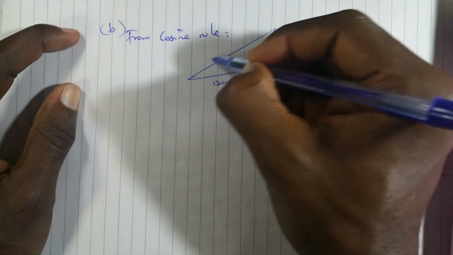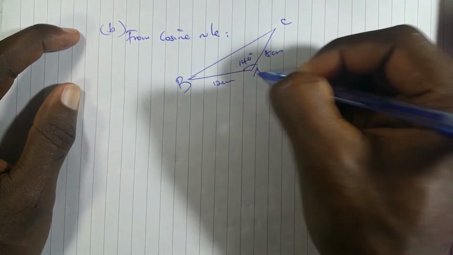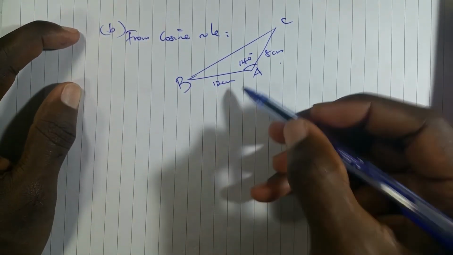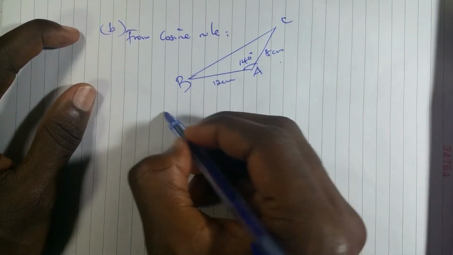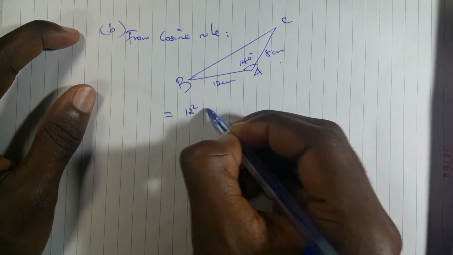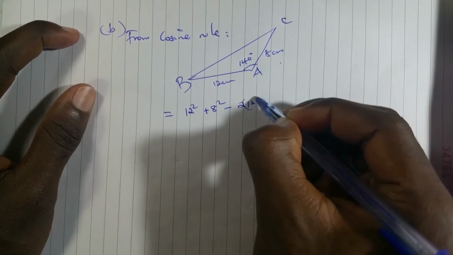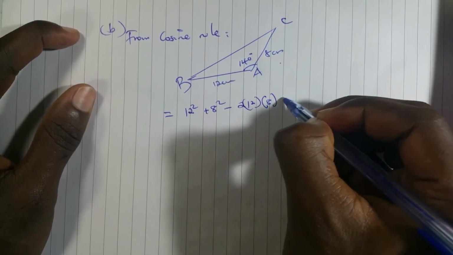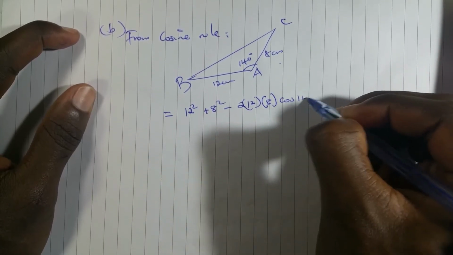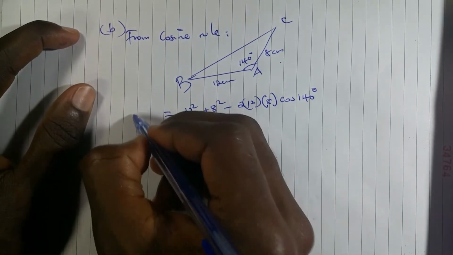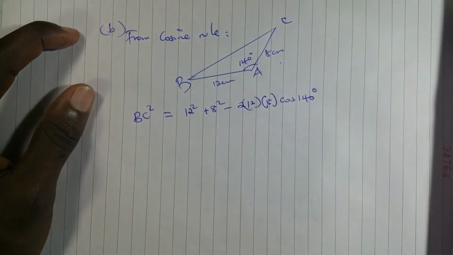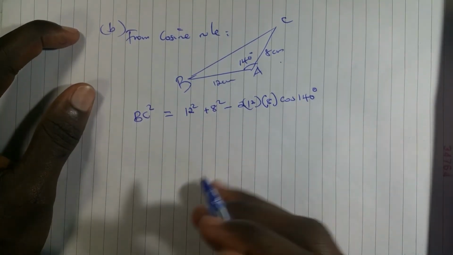Okay, here is our BC. So from the cosine rule, the sides forming the angle are on the other side, minus 2 times the values, then cos of the angle they are forming. Then this side we have the side which is not forming the angle.